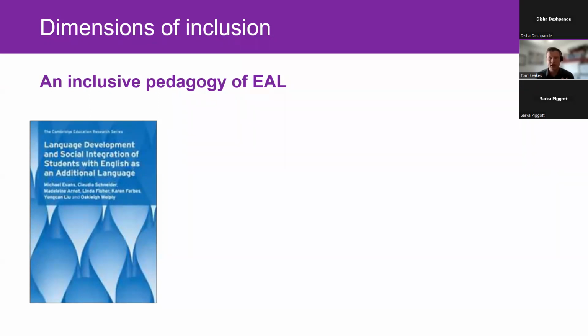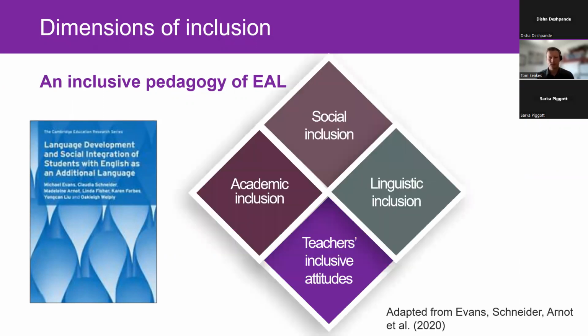It's written about the UK context, but there are so many ideas here that are applicable in any multilingual context. And the authors proposed a model of inclusive pedagogy for EAL, which includes 4 dimensions of inclusion, which you can see here. So there are academic, social, linguistic, and attitudinal.